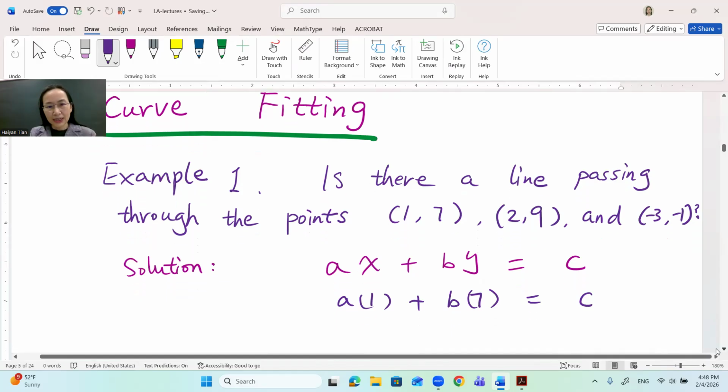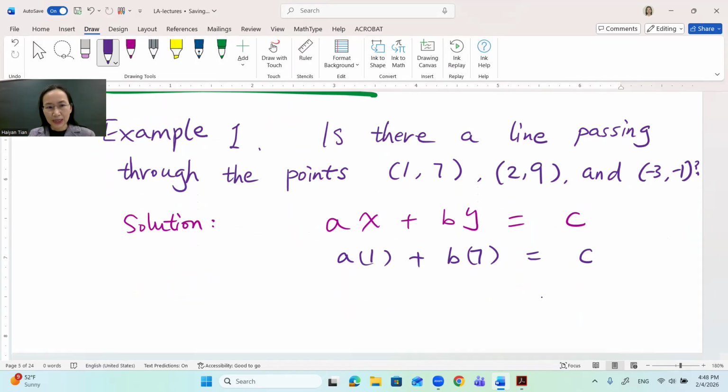For the same reason, we can require the second point, 2 and 9: when x is 2 and y is 9, it will satisfy the equation as well, because we hope such a line will pass through the second point. And this same line will pass through the third point, that means when x is -3, y is -1.